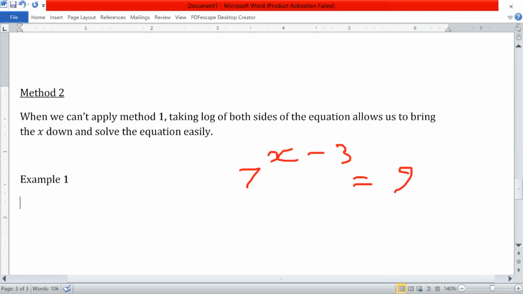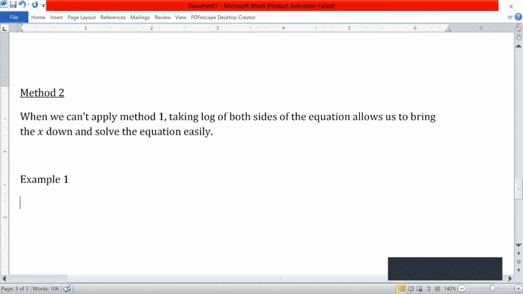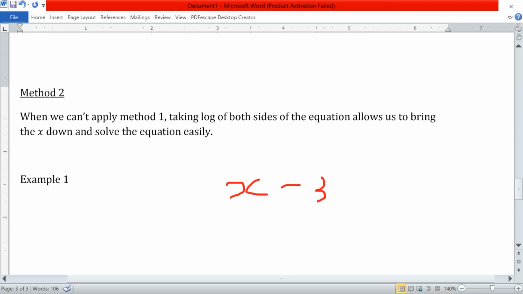So once I do this, Miss, it becomes x minus 3 times ln 7 equals ln 9, no, Miss? Put a bracket around x minus 3. It's not just x minus 3, it's the whole x minus 3 times ln 7 equals ln 9.